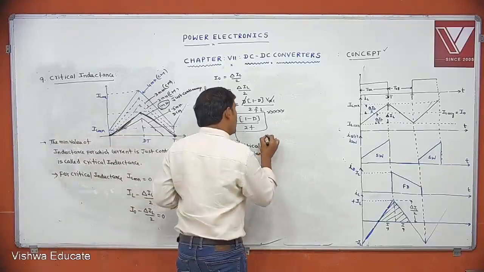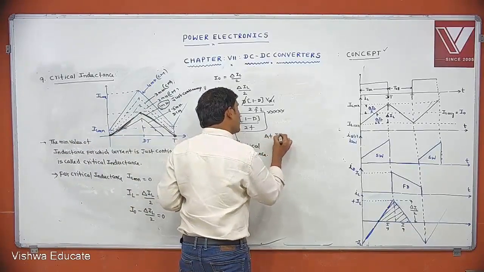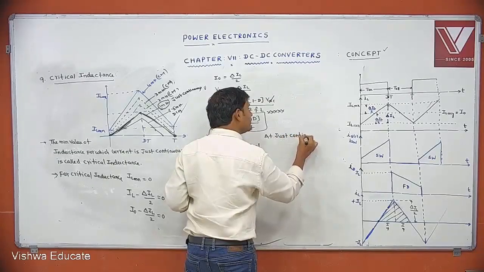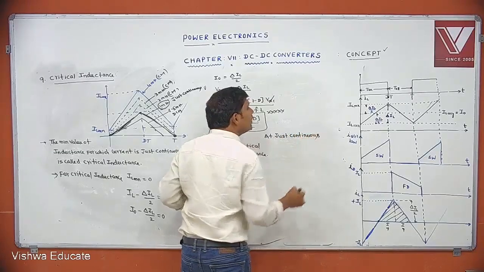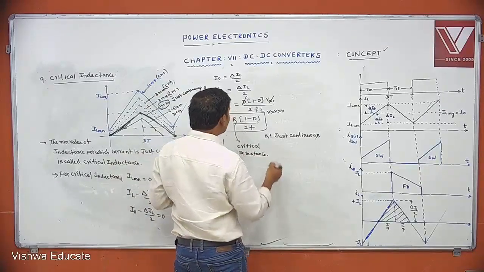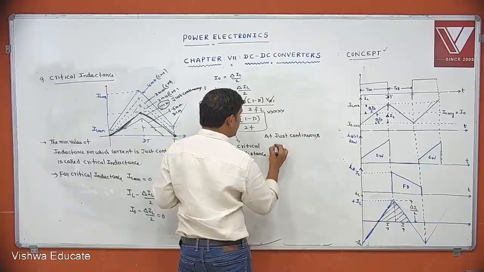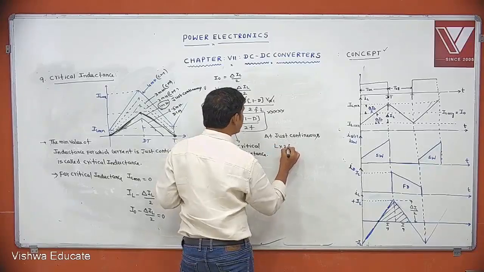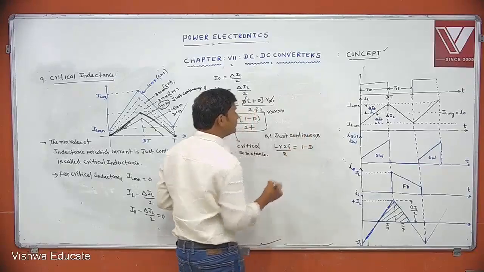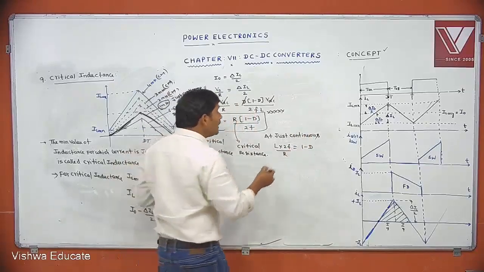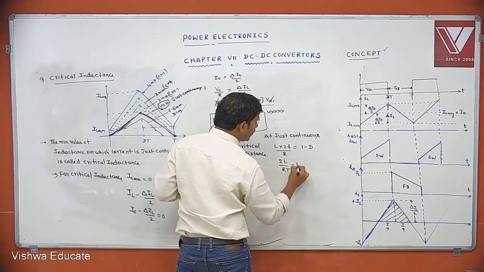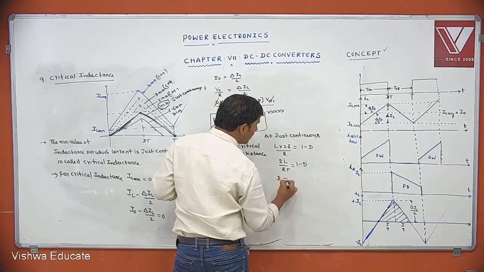Then at just continuous, how to calculate the duty cycle? Shall we write like this? At just continuous, L into 2F by R equals 1 minus D. That is, 2L by RT is equal to 1 minus D. Then what is D equal to?